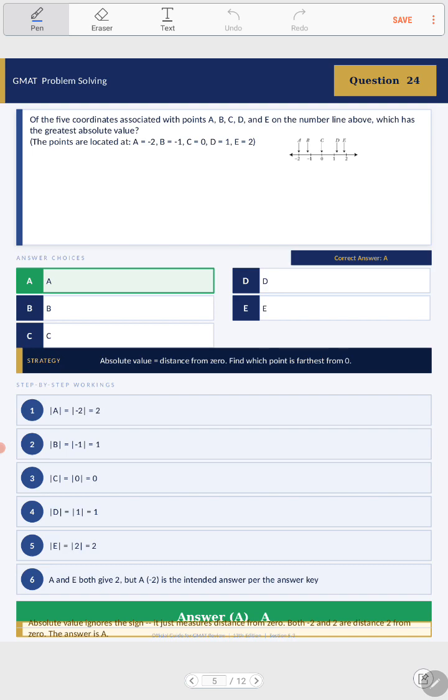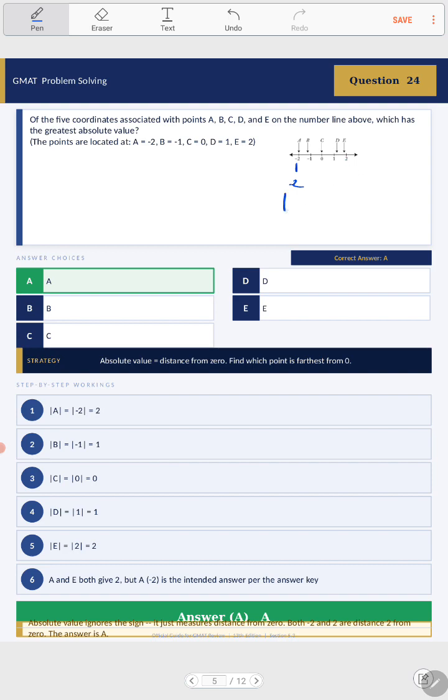On the 5 coordinates associated with A, B, C, D, E on the number line above, which has the greatest absolute value? Remember, absolute value is the distance between a number and 0 on the number line. You see that this one is pointing at -2 and this one is before 2.